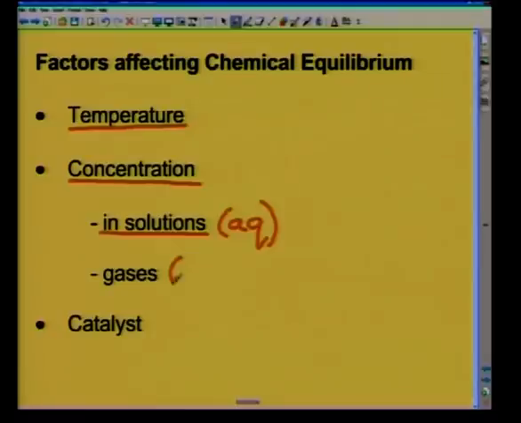At the same time, when we're talking gases, (g), we talk concentration here as number of moles per volume. But temperature affects everything. Now, will a catalyst affect a state of equilibrium? We'll talk more about that. You know what this is. It's a substance that is used to speed up the rate of a chemical reaction. So we'll talk a little bit about it later on.